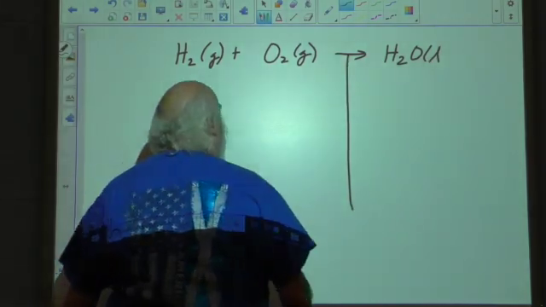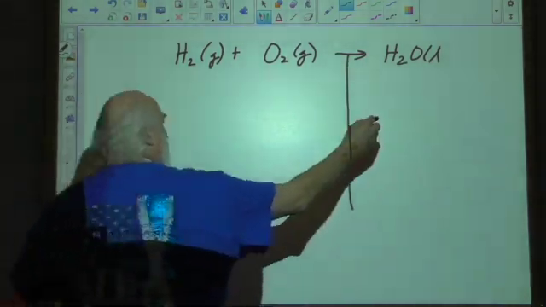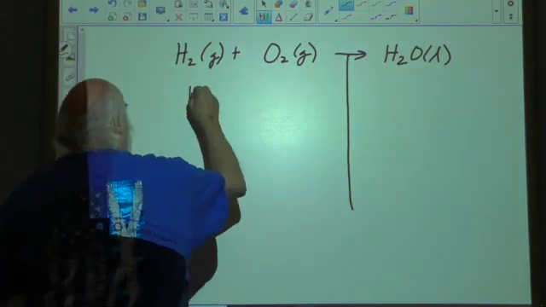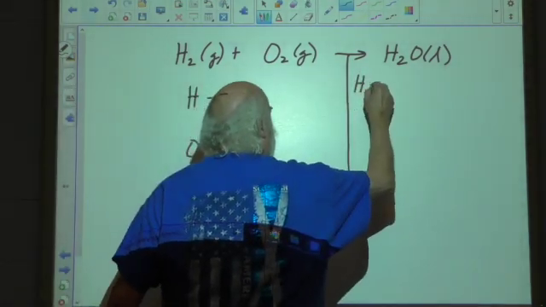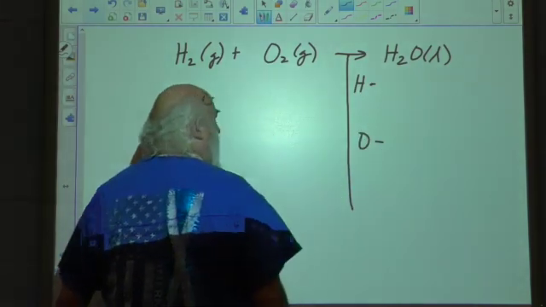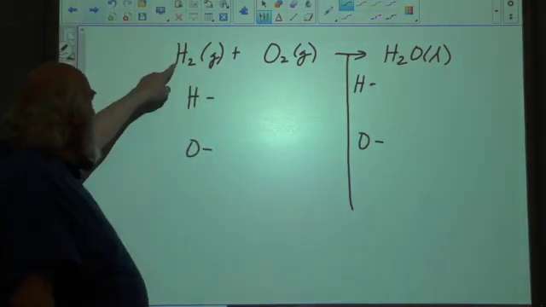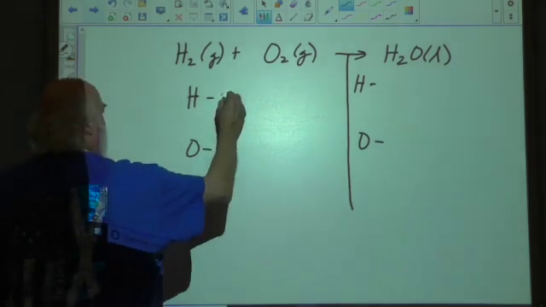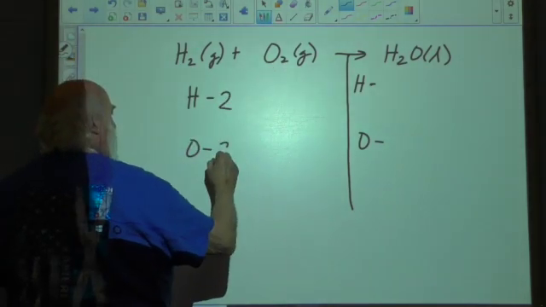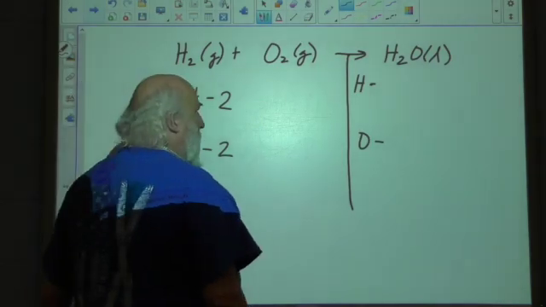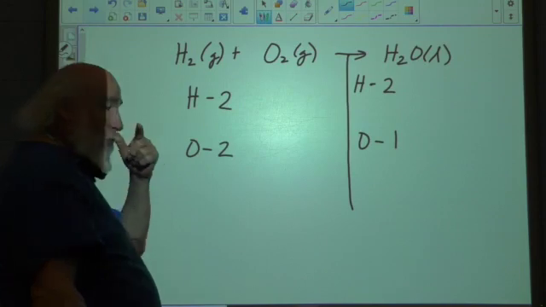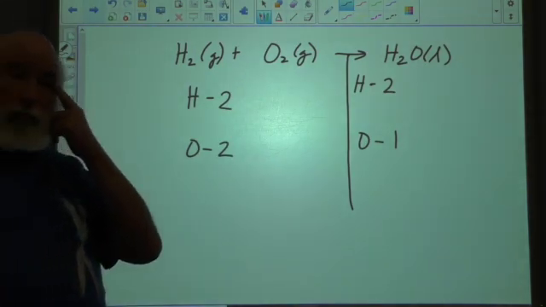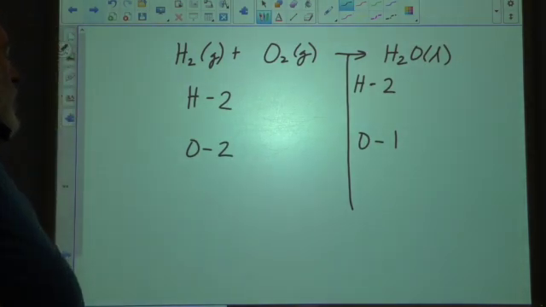And we'll put the line there, and we'll put the elements, H and O, and count the number of atoms we have of each. We've got 2 hydrogens on the left, 2 oxygens on the left. On the right hand side, we have 2 hydrogens here and 1 oxygen here. So this needs to be balanced.